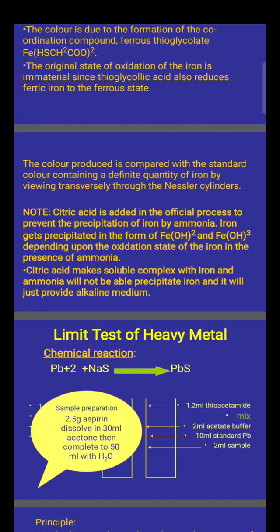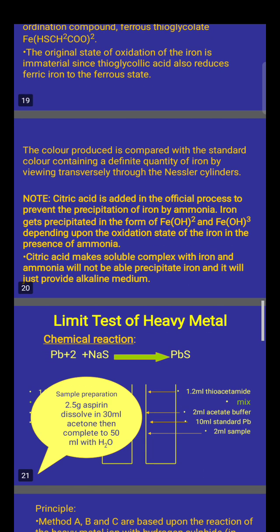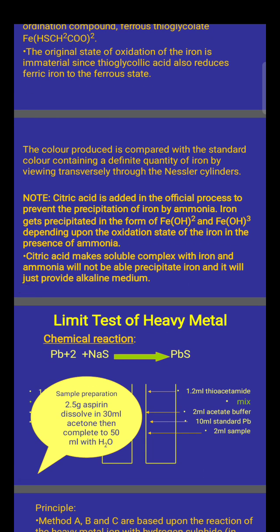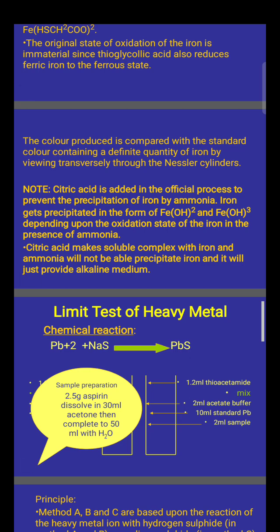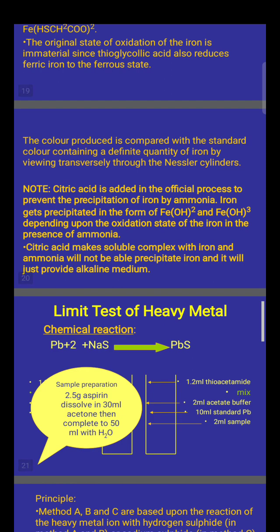That's why we have to use a white background against which we compare both of the solutions. Simple. If the intensity of impurity is greater in the test as compared to the standard, that means the test sample is not good, the test does not comply. And if it is less as compared to the standard solution, then the test complies as per the pharmacopoeia standards.